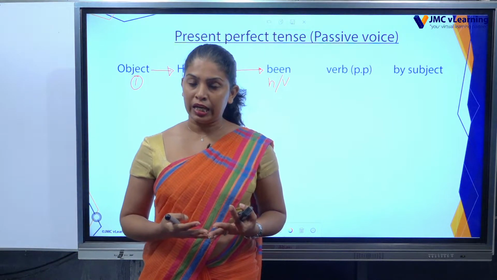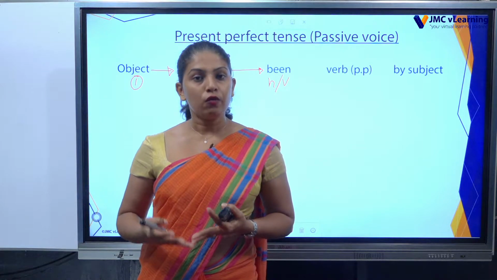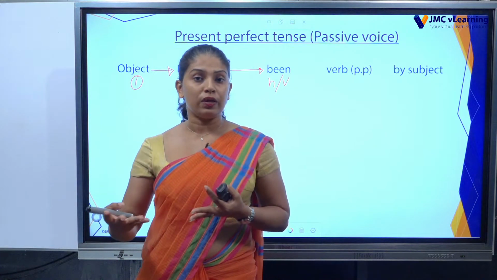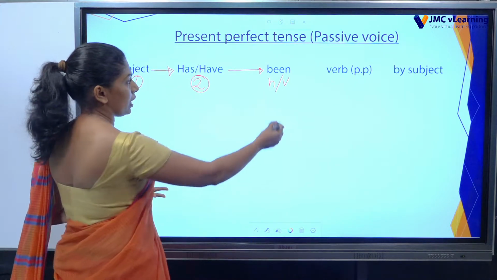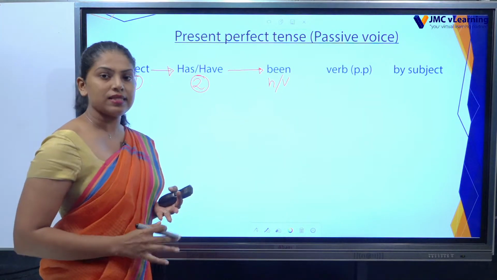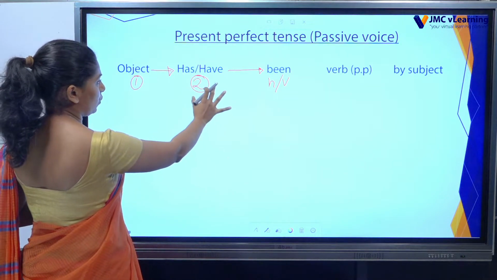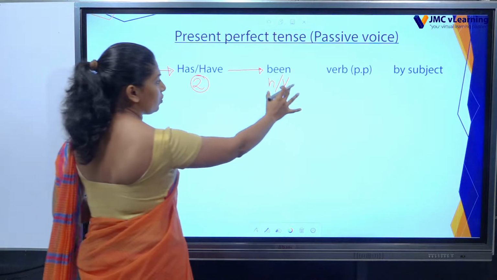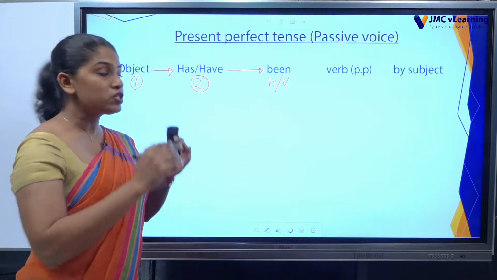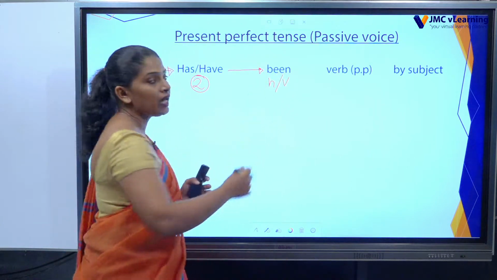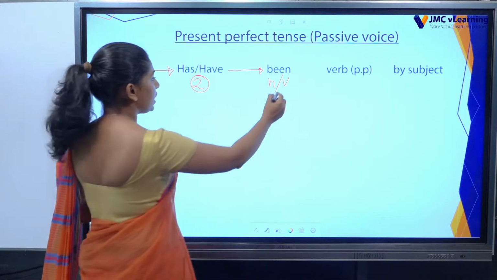Past tense, we take helping verbs was and were. Future, we can take will be. In perfect tense, we have to take been as the helping verb. So here after the object, we write have or has, then we write the helping verb. So in perfect tenses, we take been as the helping verb. So that is the third part.